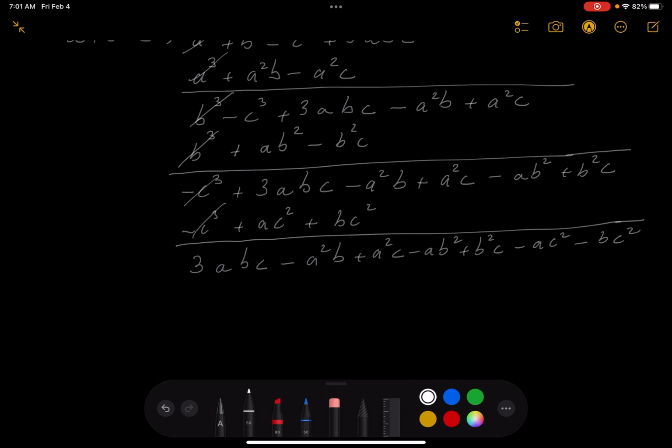That's a lot of things to write down. All right, and you might say it's not going to end. They will end. Things always end. Or they have a pattern to it. So what I'm going to do now, let's see. A squared, I got the B squared, I got the C squared.